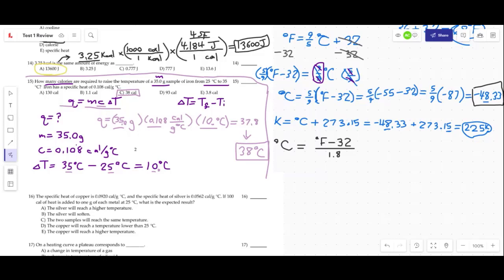Ah, well, there are several different ways to show the significant figures here. Probably the easiest way is to show it vertically, so that's what I'm going to do. Effectively, you had 35 degrees Celsius, and you're subtracting 25 degrees Celsius. The last significant figure in the first number is in the ones place. The last significant figure in the 25 is in the ones place.